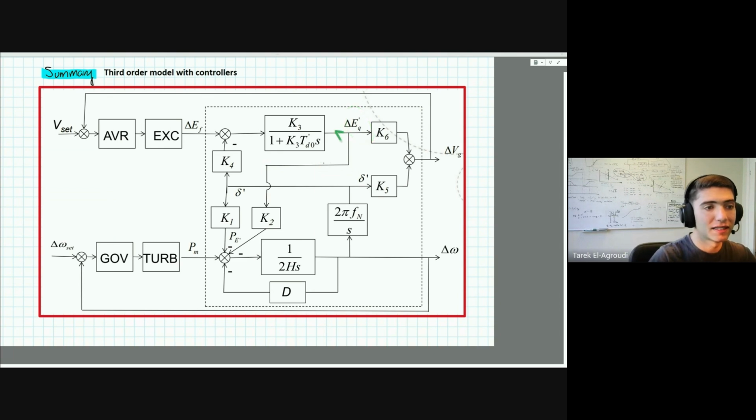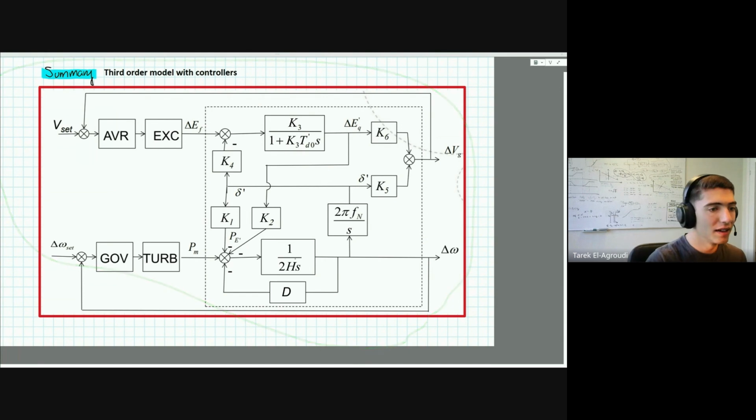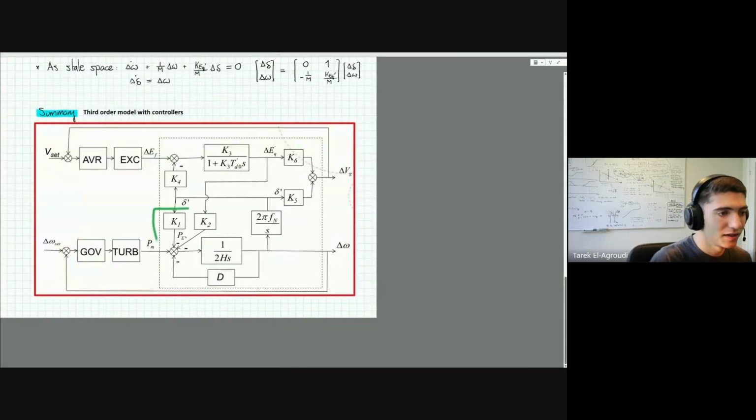And if you model this differential equation, this rotor flux dynamics, then if you remember, it was a function of the field voltage, but also of the power angle, and it was linear. And so you have the full third order linearized model here. And then, of course, you need the nonlinear model in order to find suitable values for both the damper windings damping and also the synchronizing constants.